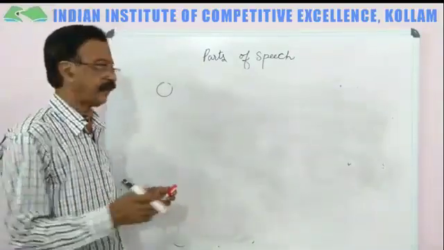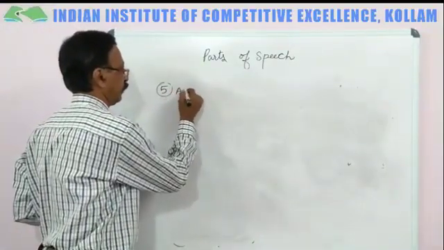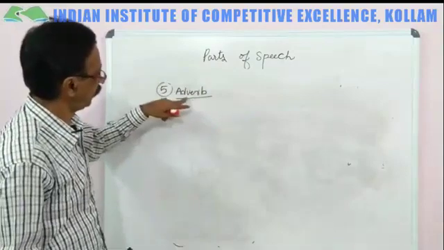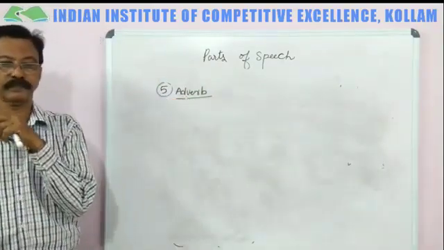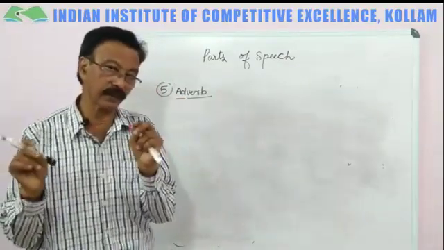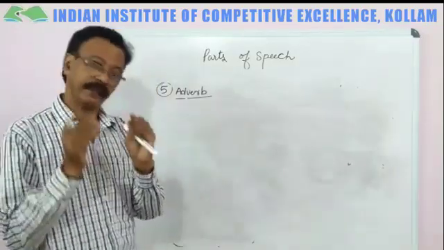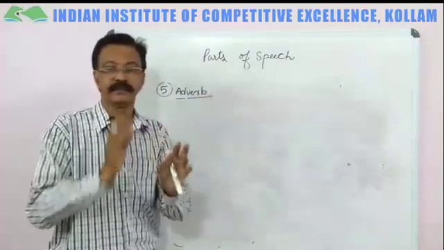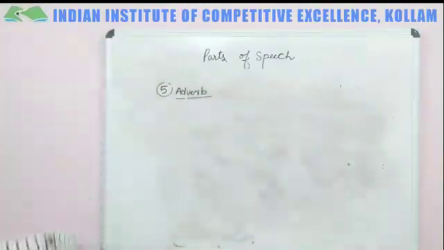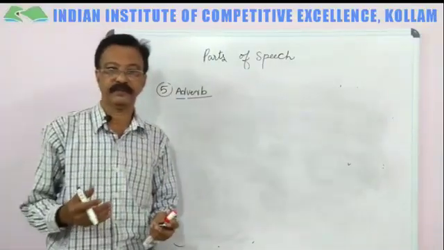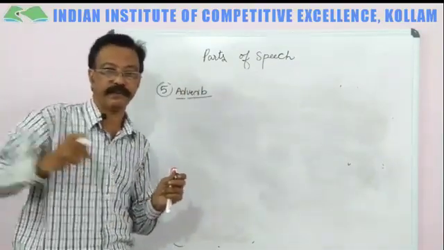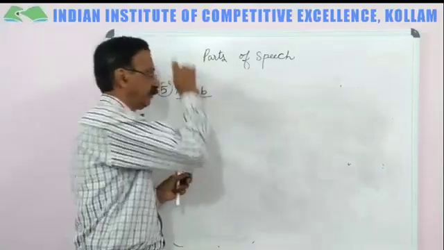Next, I said fourth is adjective and fifth is adverb. There is only one D. Though there is only one D, it means there is some addition to the verb, or modification or qualifying a verb, giving additional strength to a verb.